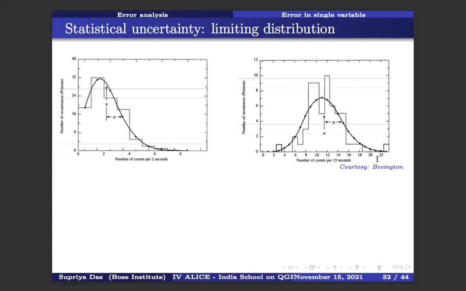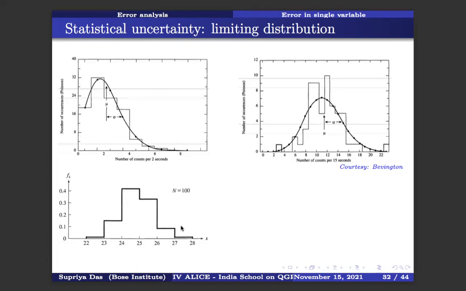Similarly, a measurement which does not follow any a priori distribution, so to say, you just measure, as I said, the length of a line with a ruler, with 100 people. What happens if you have 100? If you measure 100 times, then your distribution looks like this. So maybe the length is 25.5 or so, but then you have a distribution which is like this. You see, this is far from a regular shape of the distribution.